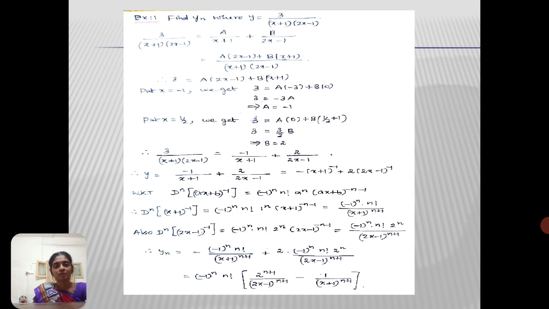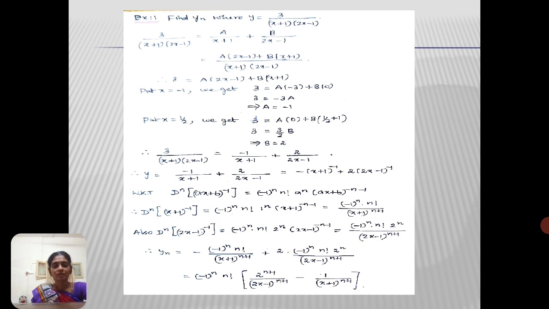So 3 by (x + 1)(2x − 1) can be written as minus 1 by (x + 1) plus 2 by (2x − 1). So y is equal to minus 1 by (x + 1) plus 2 by (2x − 1). This can be written as minus of (x + 1)^(−1) plus 2 into (2x − 1)^(−1).